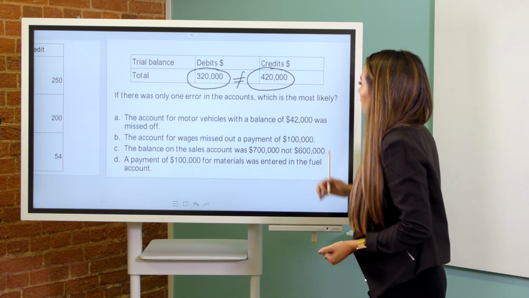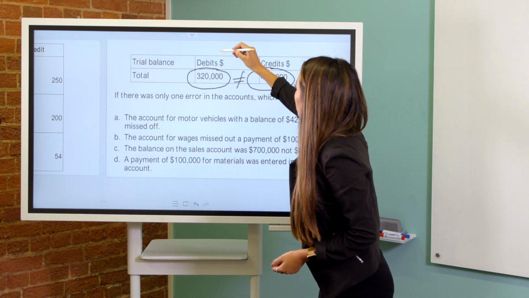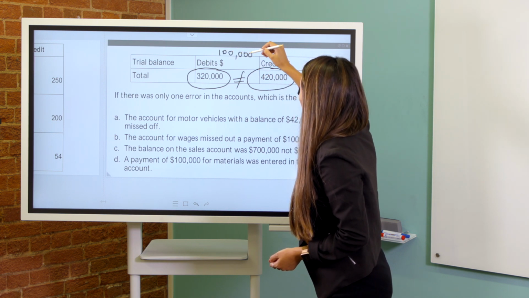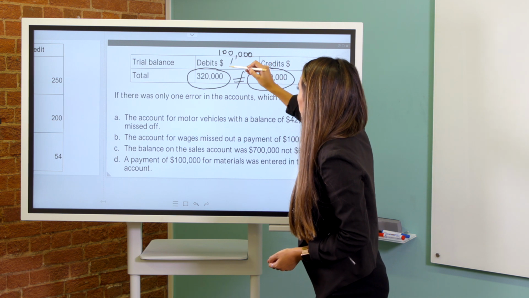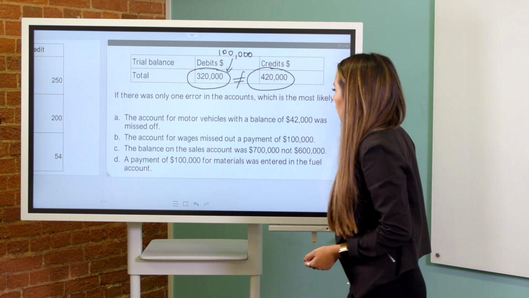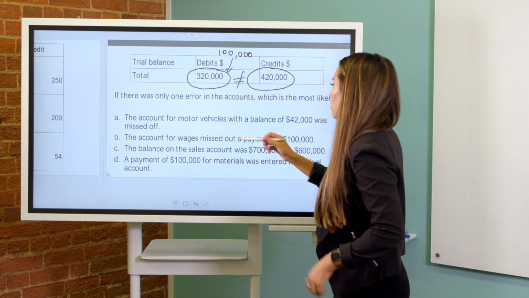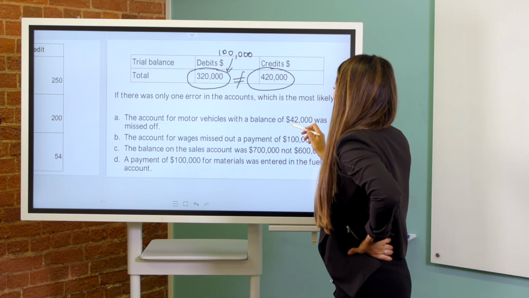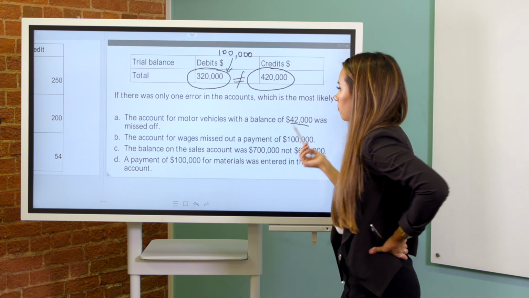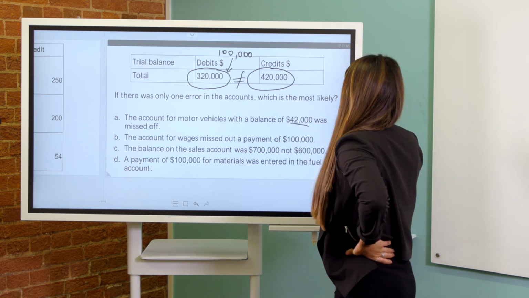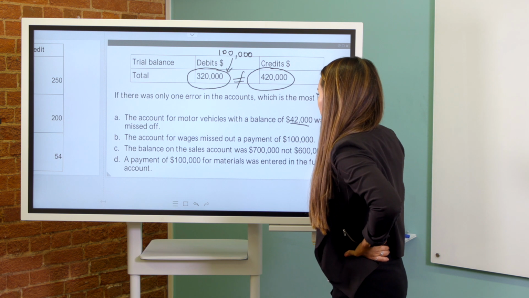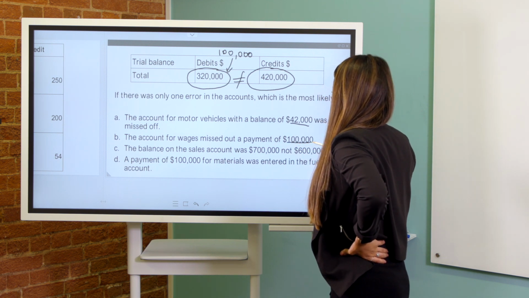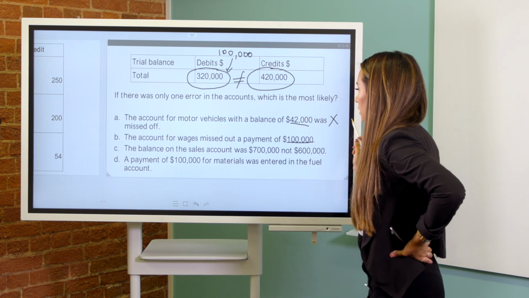Right, so there's 100,000 difference between the debits and the credit. There's 100,000 missing from the debits. So A is most likely not the one because 42,000 doesn't really explain 100,000. This one potentially is the good one because it says 100,000 and it's a debit.